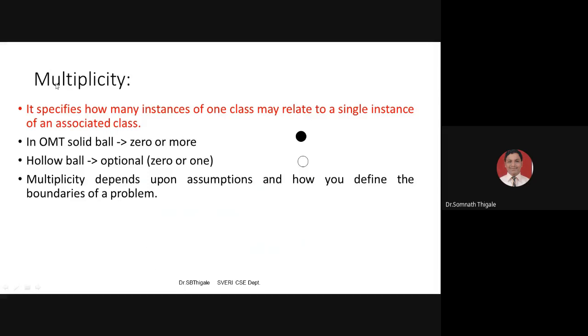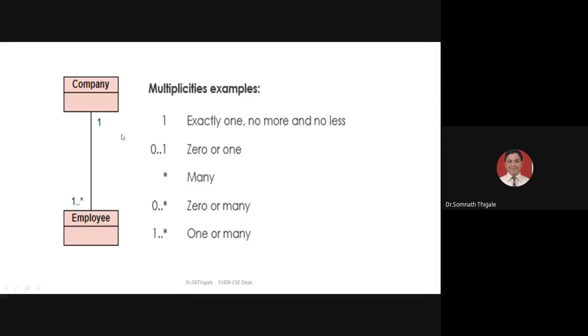Multiplicity, as the name suggests, is multi, more than one, but we have to specify it with an exact number. That specification can be done like this. I'm trying to show you a simple relationship: company as one class and employee as another.